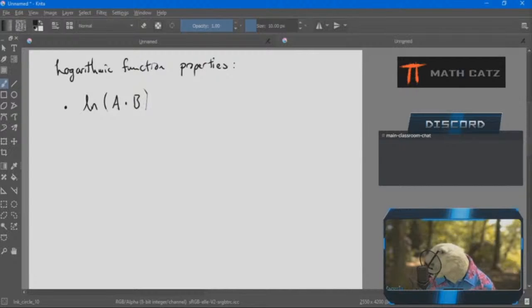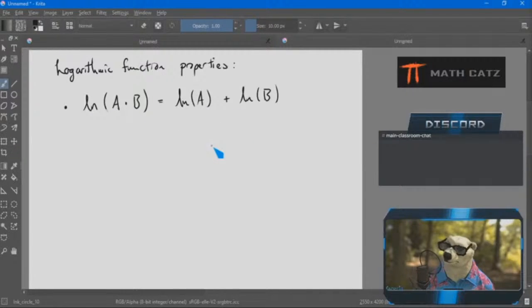I don't even care what they are. Then, interestingly enough, it's the logarithm just of a plus the logarithmic function just of b. That the log of a product is equal to the sum of the individual logarithms.